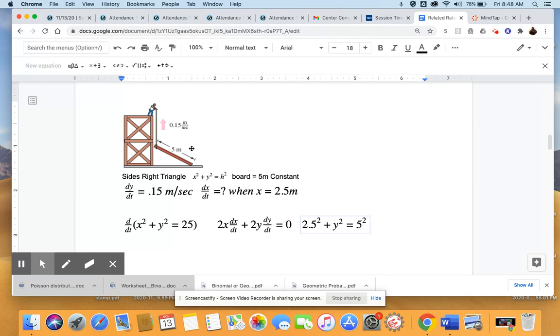So we have to do 25 minus 2.5 squared, and then we have to do the square root of that.